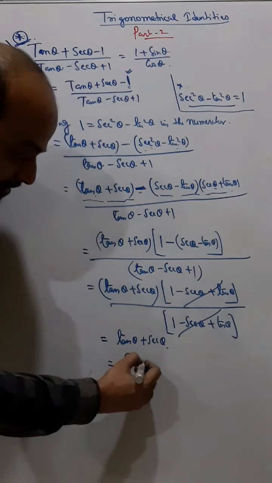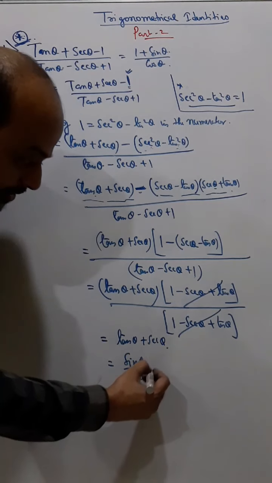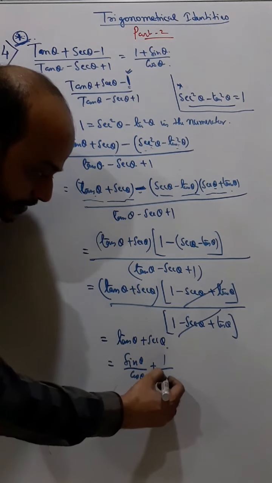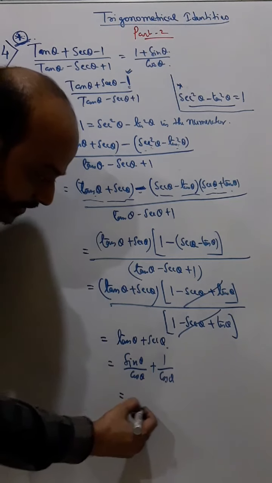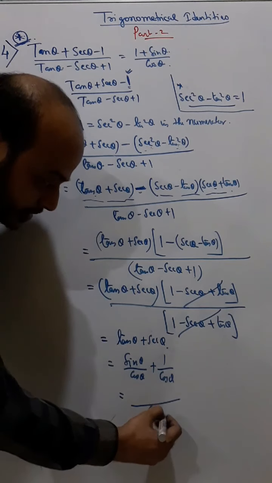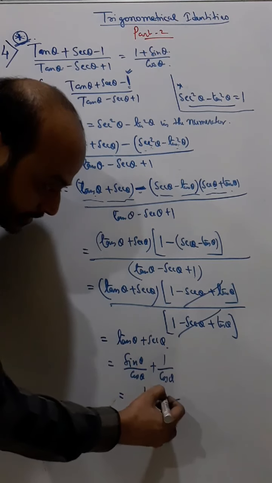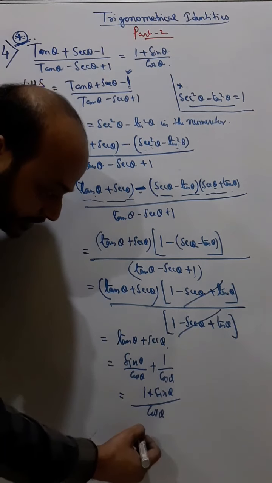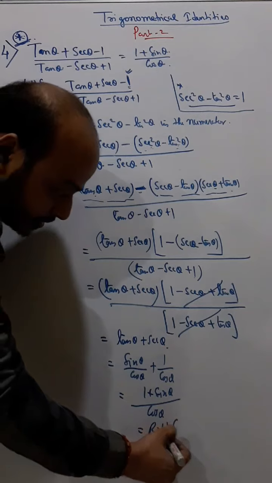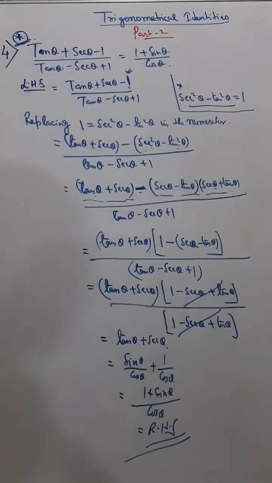You see, sine theta by cos theta plus 1 by cos theta, and we can take LCM cos theta and then sine theta plus 1, or 1 plus sine theta, which is equals to RHS, and hence proved. Okay, understand?